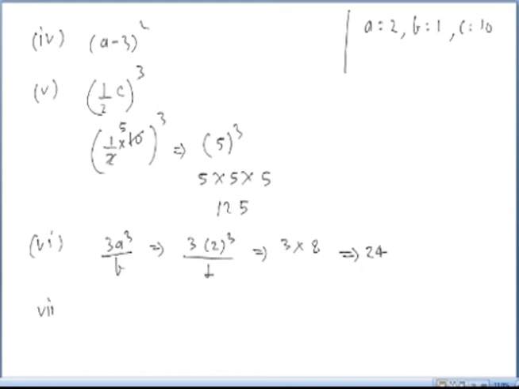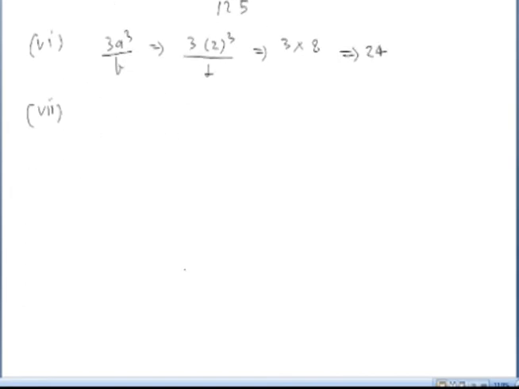Question number 7. So question number 7 is saying 9 bracket a square minus b square. So 9, we know the value of a is 2, 2 square, and the value of b is 1, 1 square.